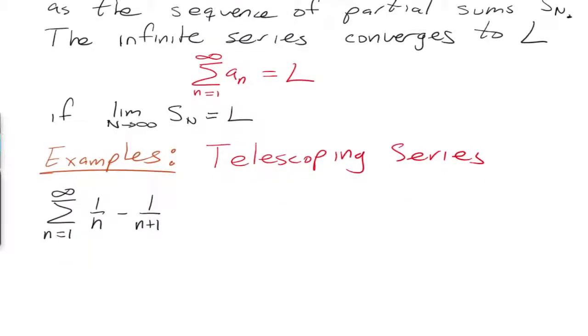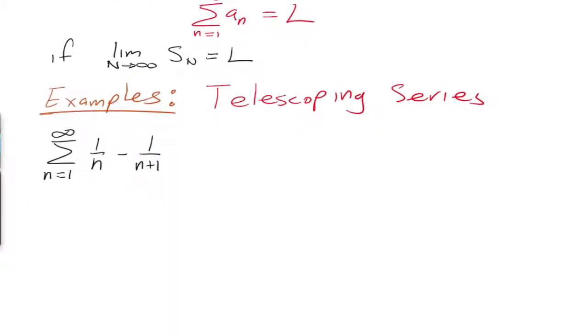Okay, so let's start out writing out some of the partial sums just to get a handle on this. So what would s sub 1 look like? Well, it means plugging in n equals 1 into the sequence, right? So it's 1 over 1 minus 1 half, right? Okay.